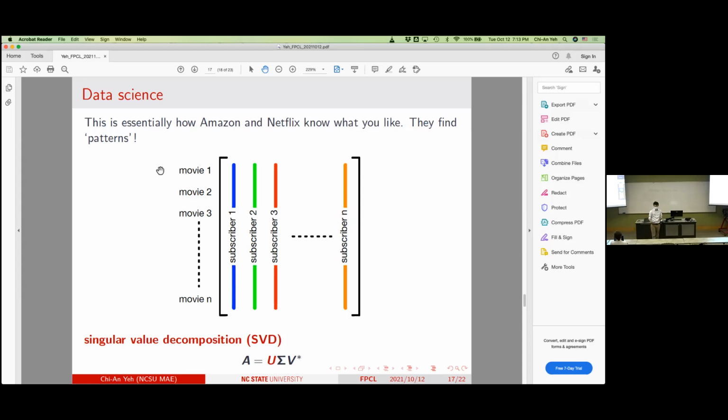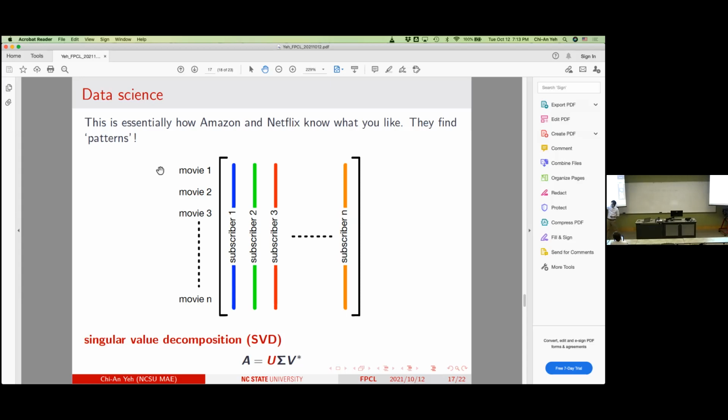I don't have a subscription, but I assume when you go onto Netflix, you watch a movie and it probably asks you to click whether you like or dislike it. So subscriber 1 watches through, well, probably not thousands of movies, but for all the movies he watched, he may check, hey, he likes this one, but he doesn't like that one. Same for subscriber 2, subscriber 3.